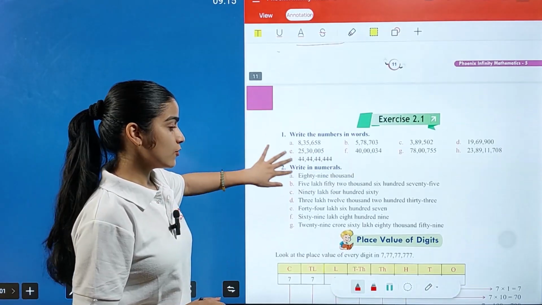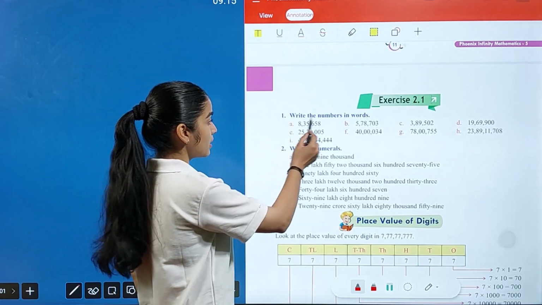Okay, now we move forward to our exercise 2.1, where you have to write the numbers in words.